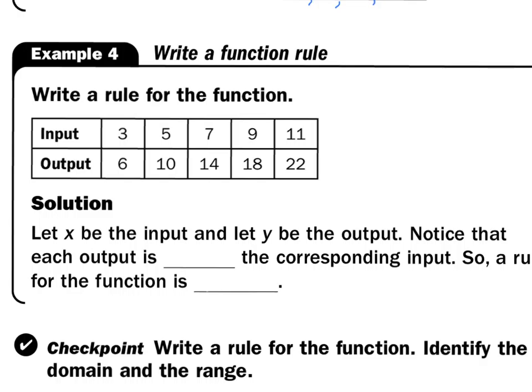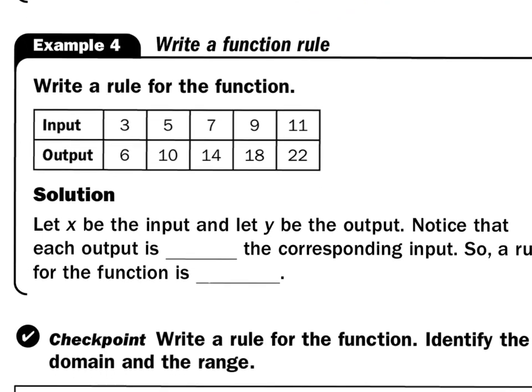If you notice, each output is twice the corresponding input. 3 times 2 is 6, 5 times 2 is 10, 7 times 2 is 14, 9 times 2 is 18, and 11 times 2 is 22. So a rule for the function would be y equals 2x. You're just looking for a pattern within the inputs and outputs.